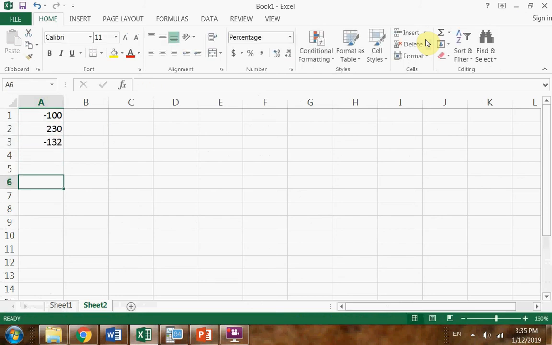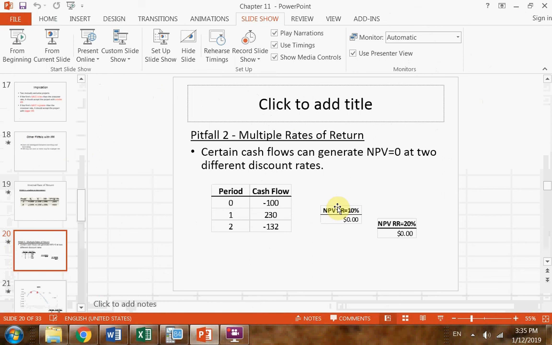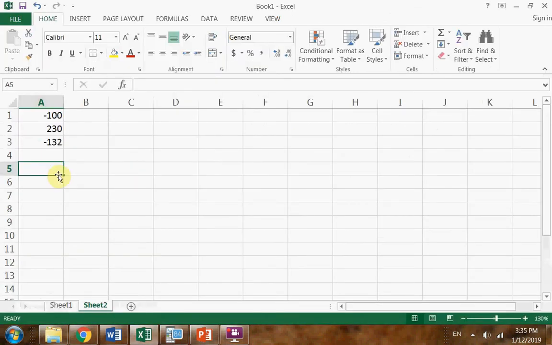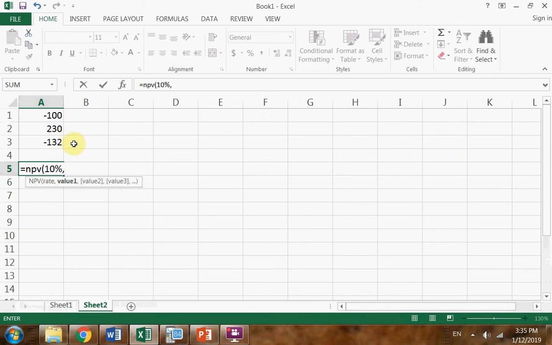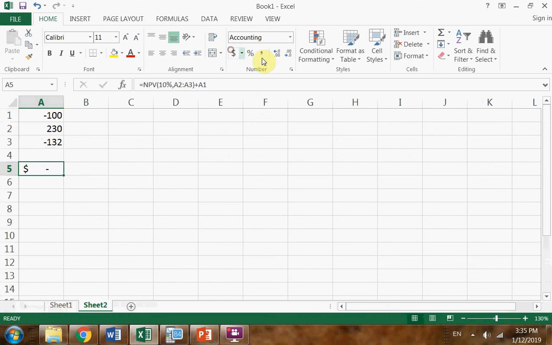If you use 10% as the discount rate, you would get a 0 NPV. So let's say NPV of 10%, and then you choose these two future cash flows, plus this one, and you get a 0 NPV.